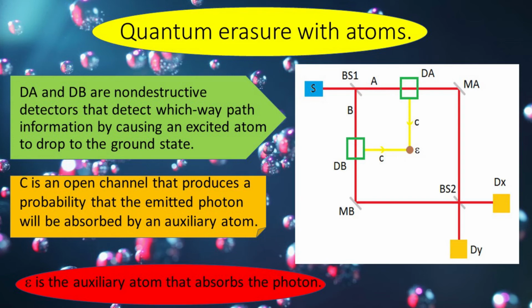C is an open channel that produces a probability of the emitted photon being absorbed by an auxiliary atom. Epsilon is the auxiliary atom that absorbs the photon. As with subatomic particles, when the which-way path information is known or knowable, the atoms behave classically. But when the which-way path information cannot be known, they act like a wave and produce the expected interference pattern.